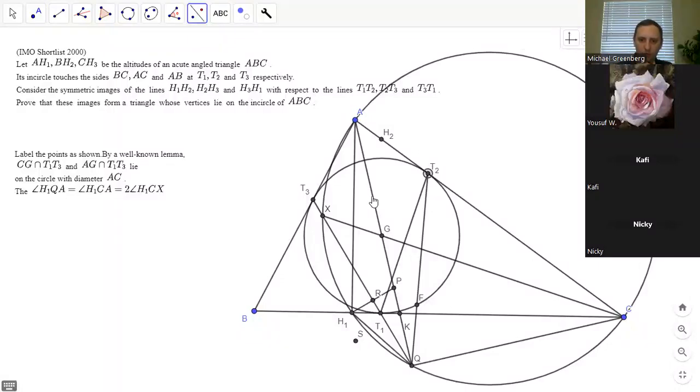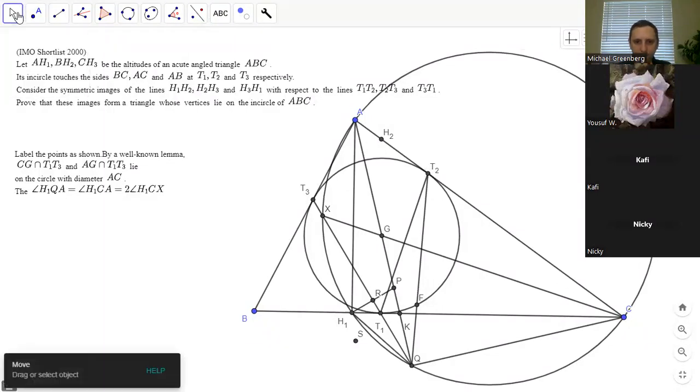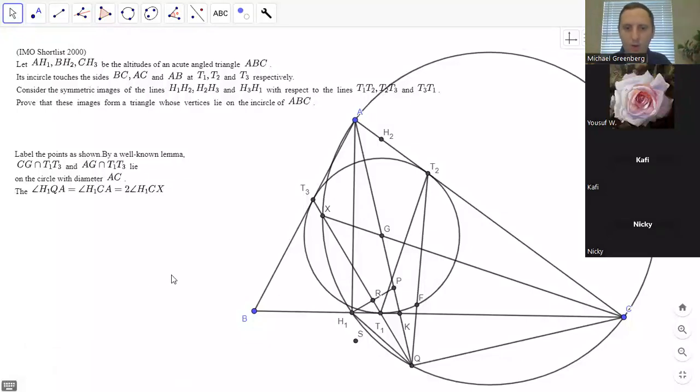Oh, because we wanted to show that this is actually the reflection of T1 over the angle bisector.